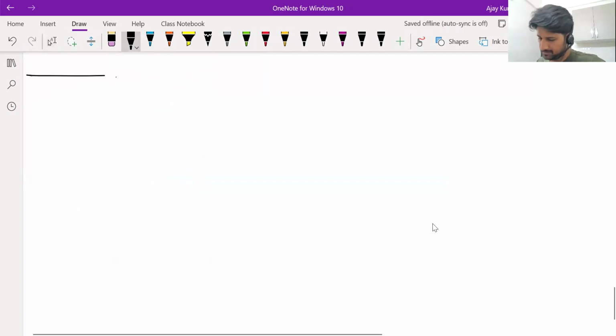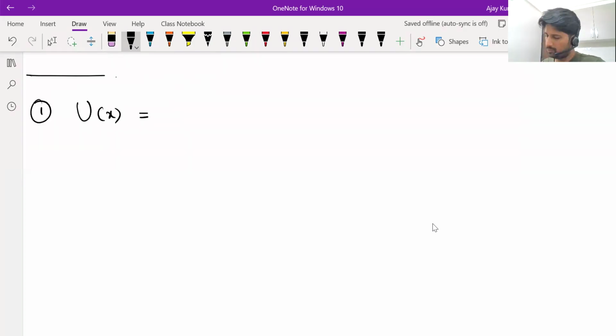Try this question. Suppose potential energy along the x-axis varies with position as U = 12x² − 6x. You are given the potential energy function.